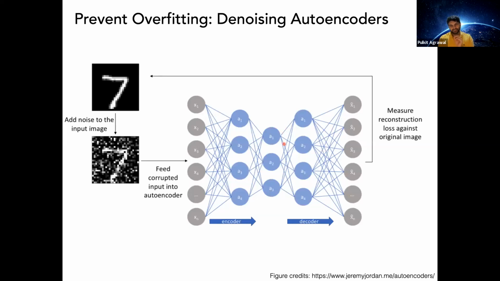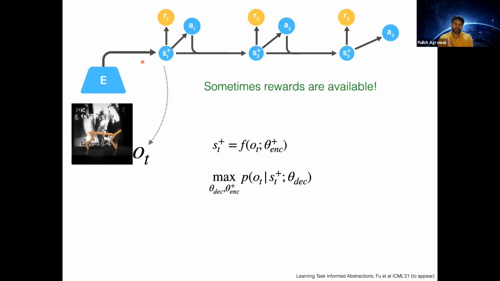So now suppose we have learned this low dimensional state representation through compression, and we can now do dynamics in this compressed feature space. Now, sometimes, even though we have learned a compressed feature space, there could be a lot of task irrelevant information, right?